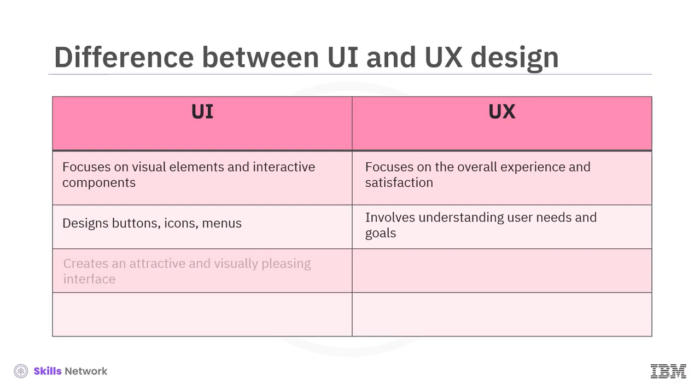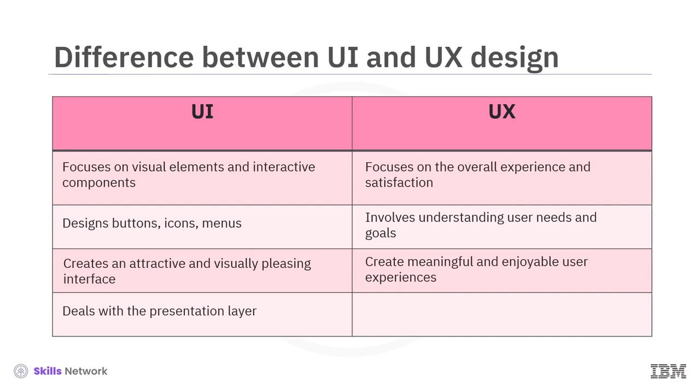Another major difference is that UI aims to create an attractive and visually pleasing interface, whereas UX aims to create meaningful and enjoyable user experiences. The fourth difference is that UI primarily deals with the presentation layer of the product, whereas UX focuses on the entire user journey and product usability.